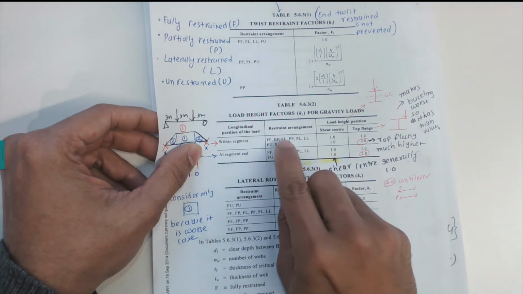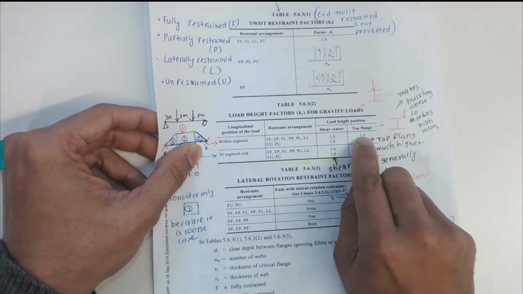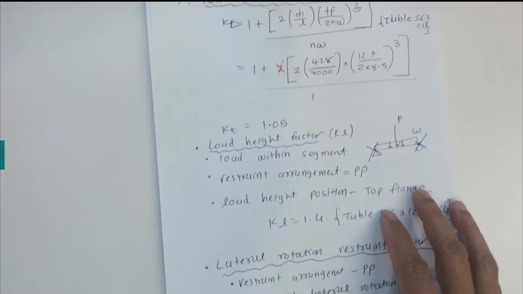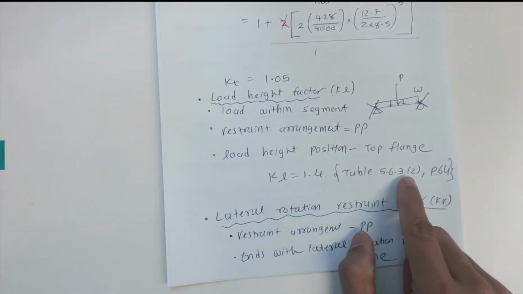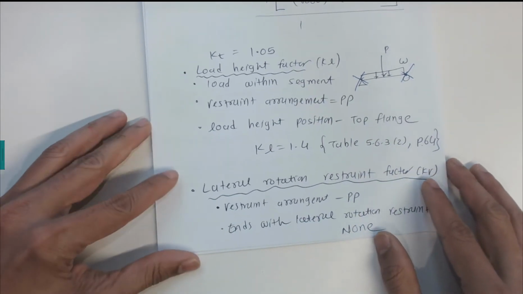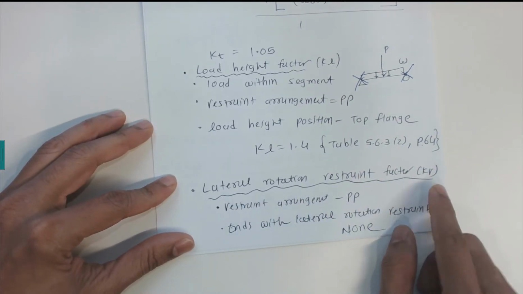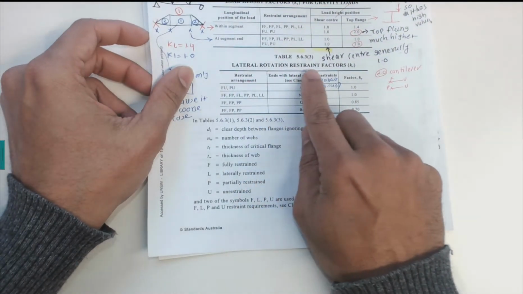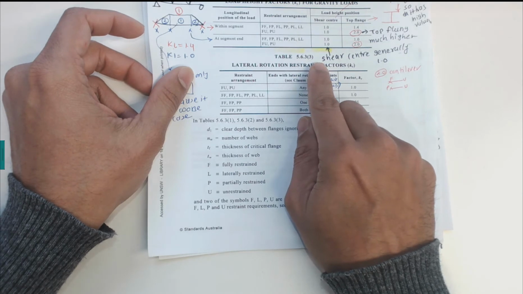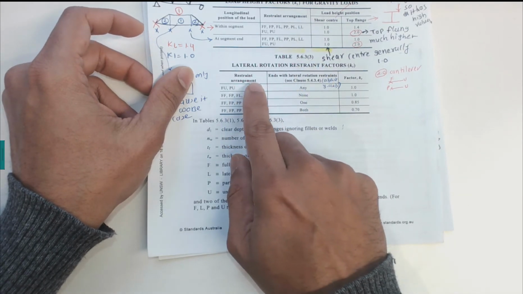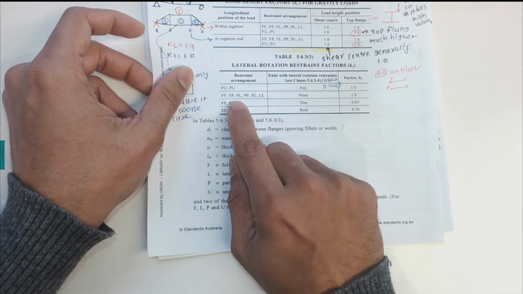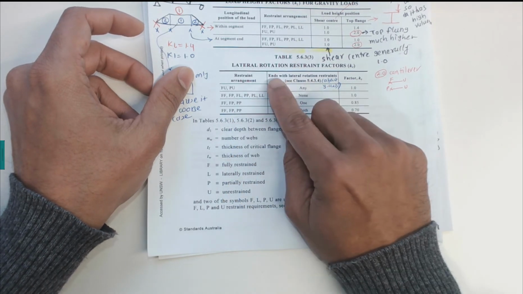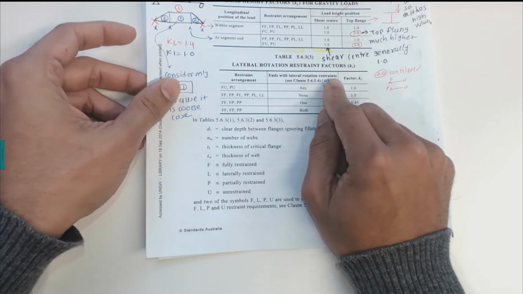In this case, within segment PP top flange, we have a KL value, which is the load height factor, 1.4, from Table 5.6.2 on page number 64. Now the lateral rotation restraint factor KR is from Table 5.6.3. We have restraint arrangement PP, that's 3 rows, but we need to find N with the lateral rotation restraints.